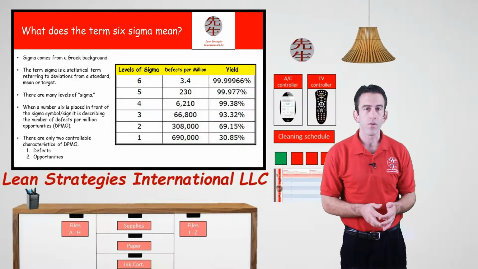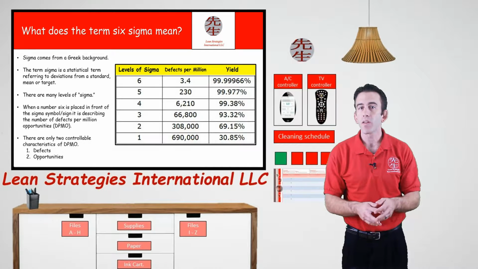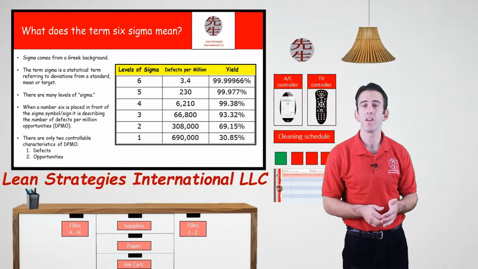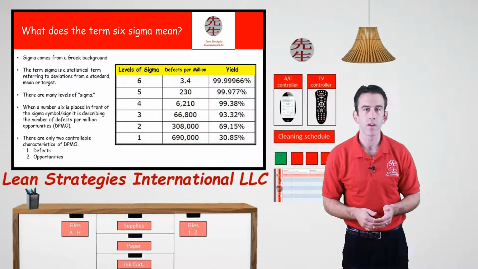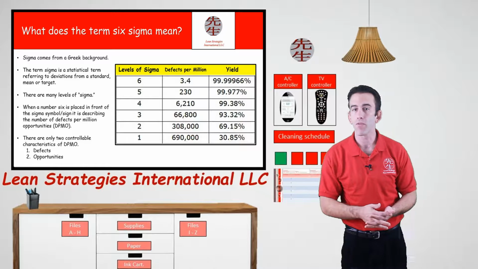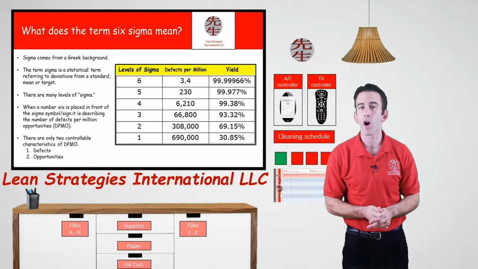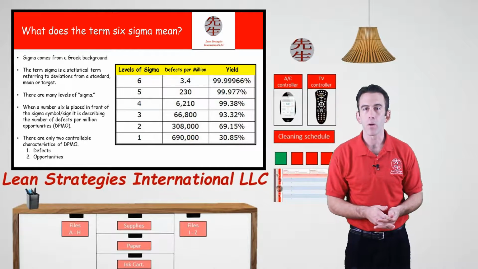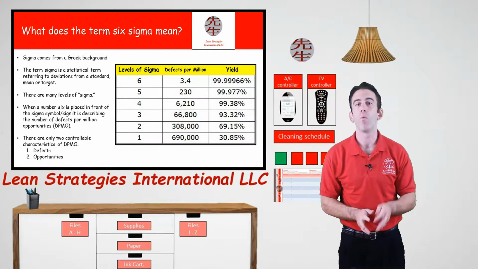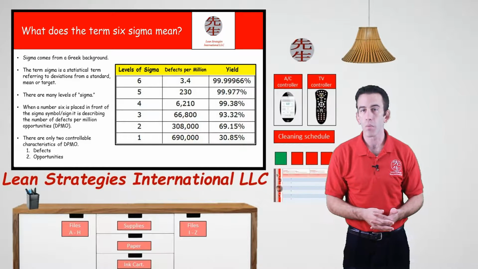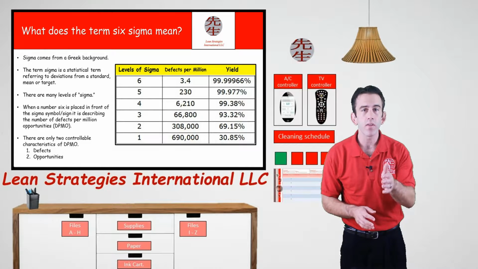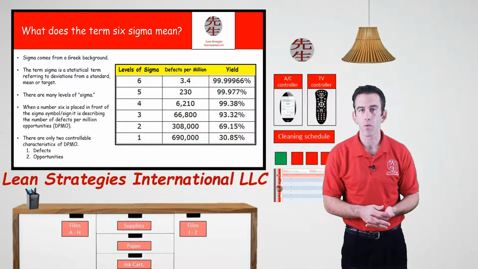There are various levels of Sigma rating, but the Six Sigma rating was made popular by Motorola's goal of producing no more than 3.4 defects per million opportunities. As you may have guessed, this type of goal requires focus on improving processes within a business. One interesting thing to note is that a process may vary anywhere from 1 to 1.5 sigmas at a time. We will talk more about this in later modules and how this deviation affects the Six Sigma rating.